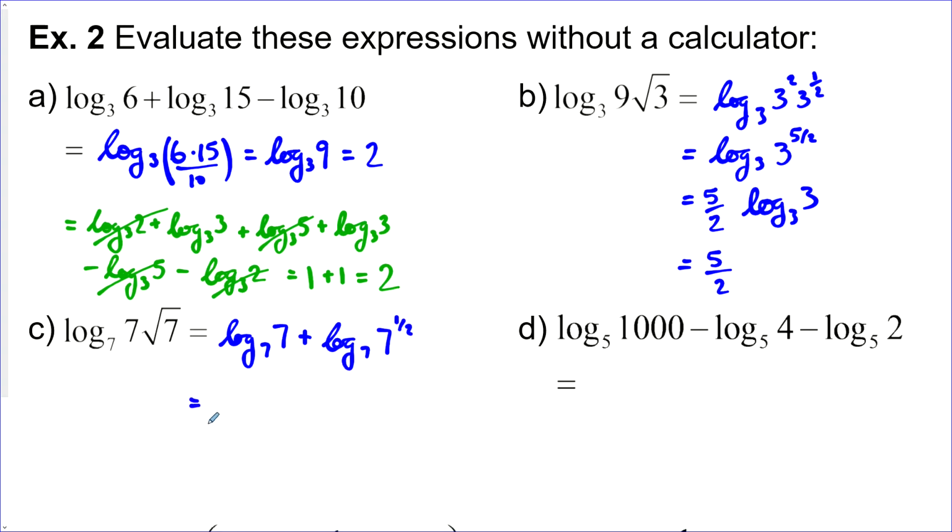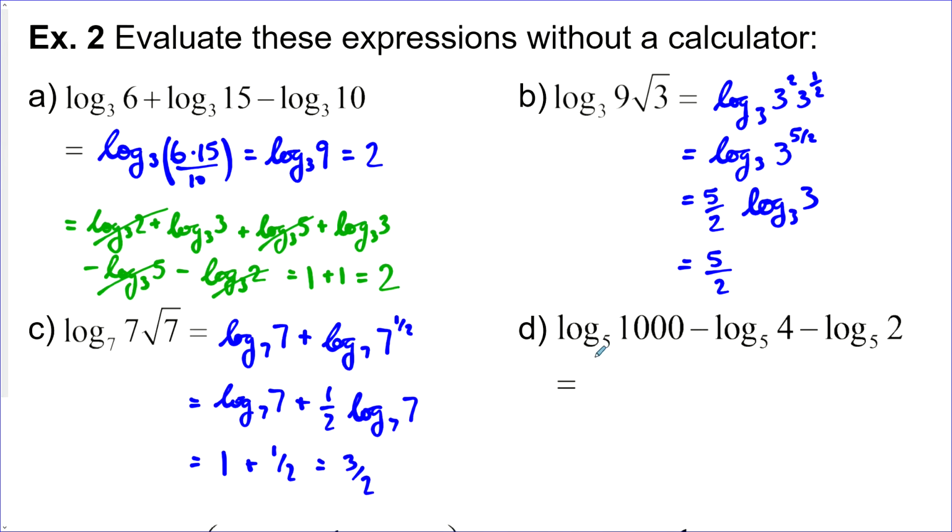Now in the next step, we've got log base 7 of 7, so I guess I can reuse that, and drop this exponent down, 1/2 log base 7 of 7. Now log base 7 of 7 is just 1, so we've got 1 plus 1/2, which is 1.5 or 3 over 2.